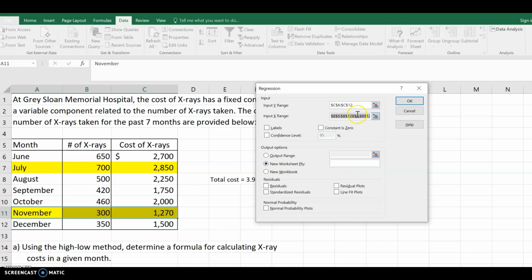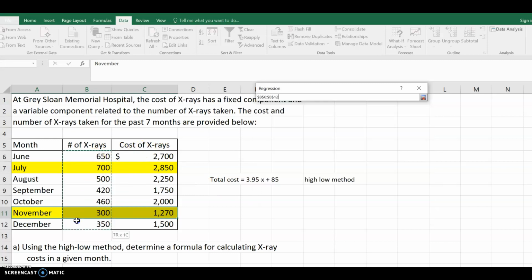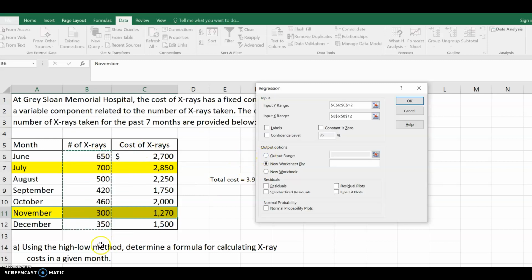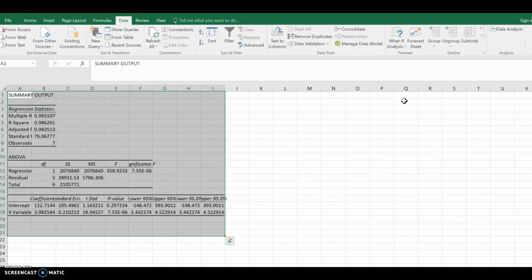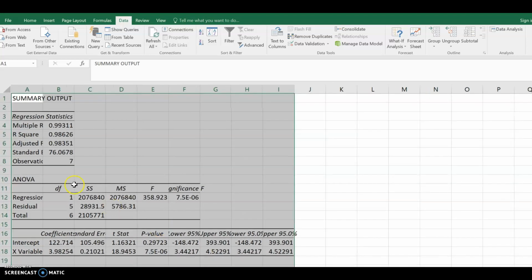What did I do wrong here? All right, so I had it in there twice. Now I say OK, and now I can get my report. We can see the R-square is 0.98, so that's a strong correlation.